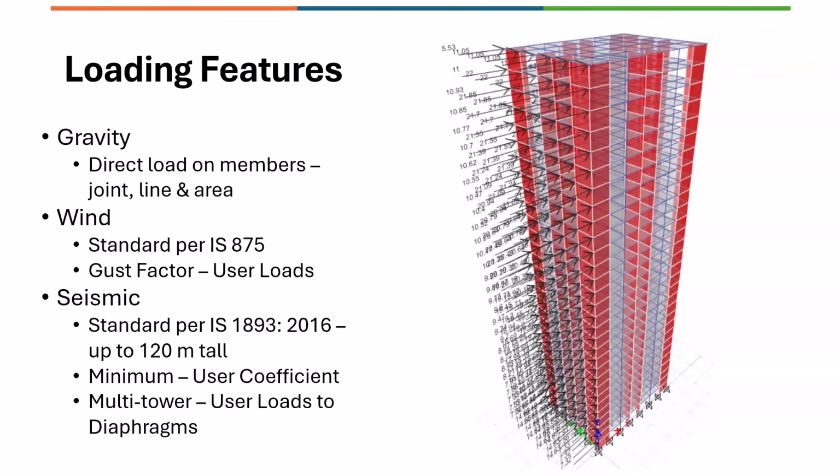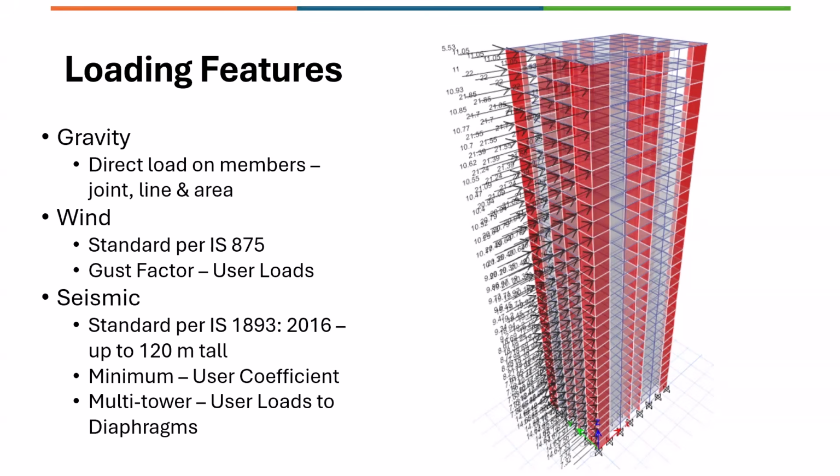If it is more than that, then we'll have to work out the base shear coefficients as per table number 4, and that can be assigned as user coefficients instead of the auto lateral load based on 1893.